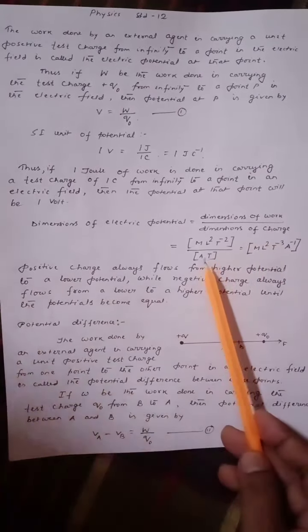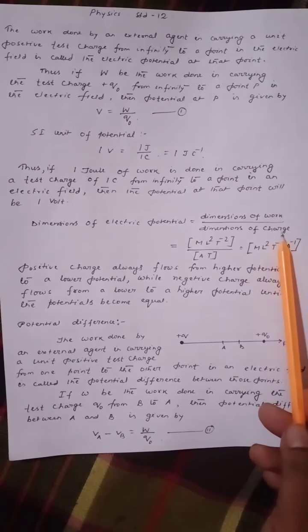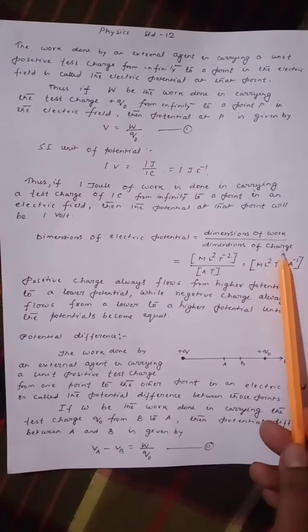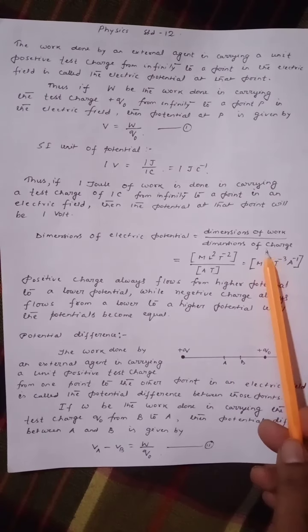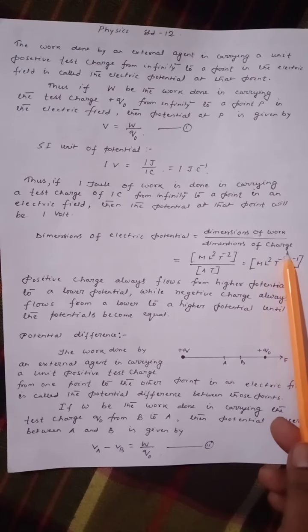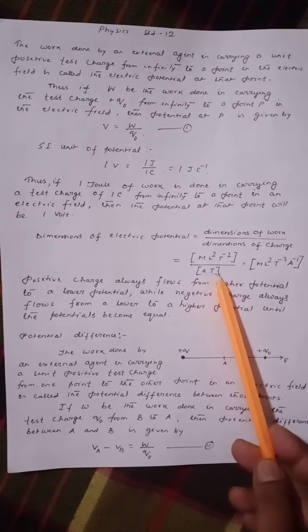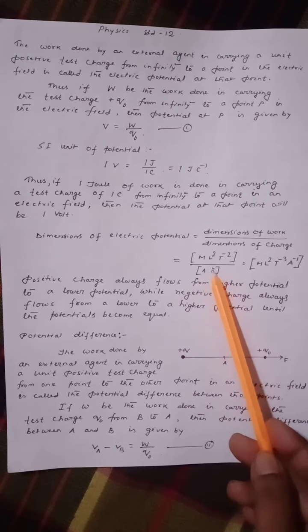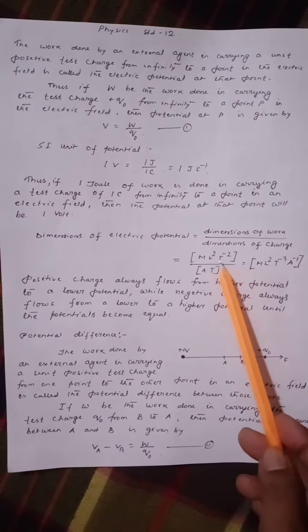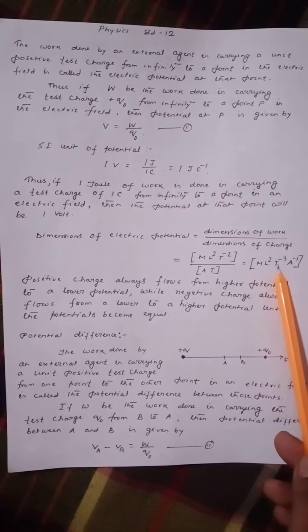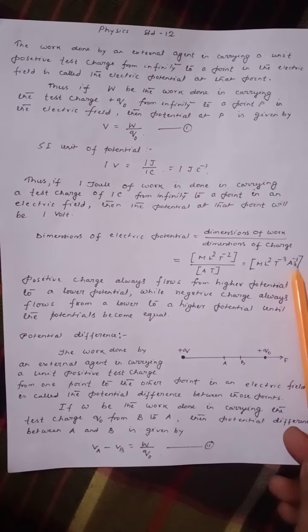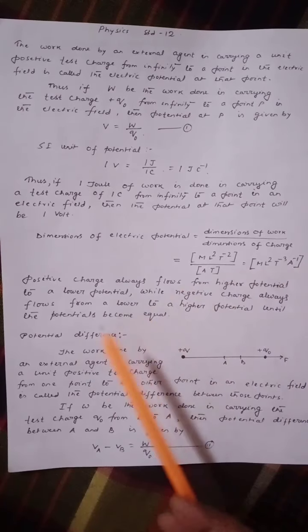The SI unit of charge is coulomb, current is ampere, time is second. So the dimensional formula of charge is AT, A for current, T for time. By calculating this fraction we get ML^2T^-3A^-1.